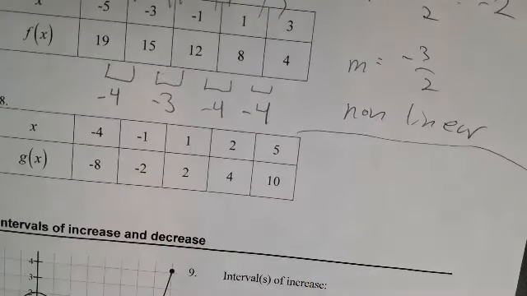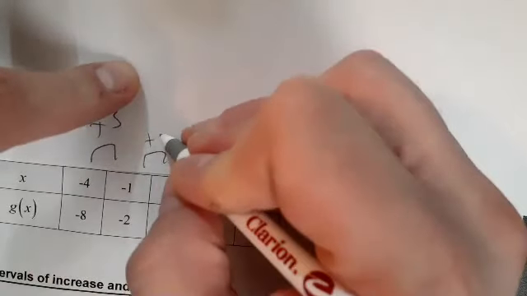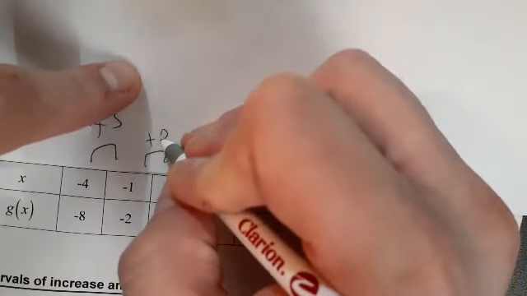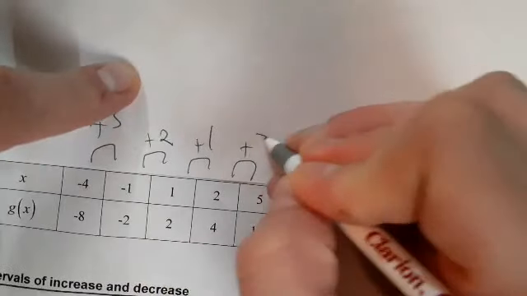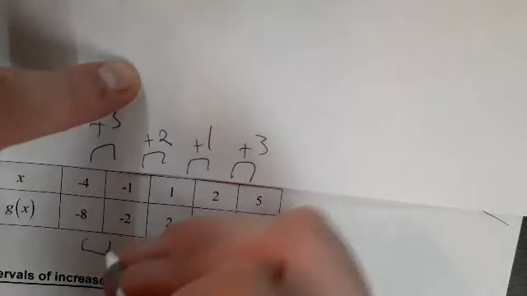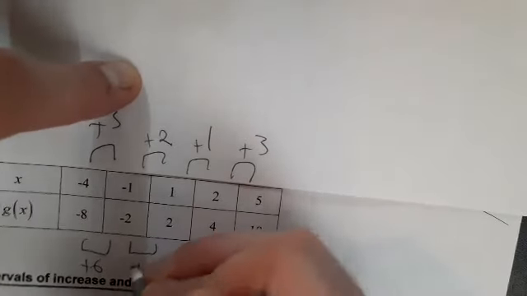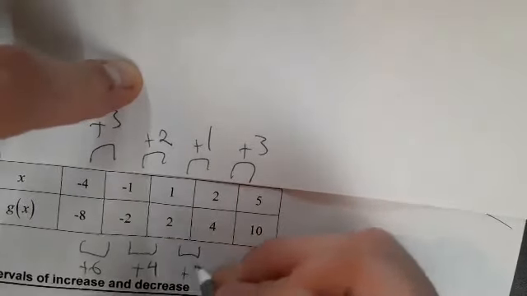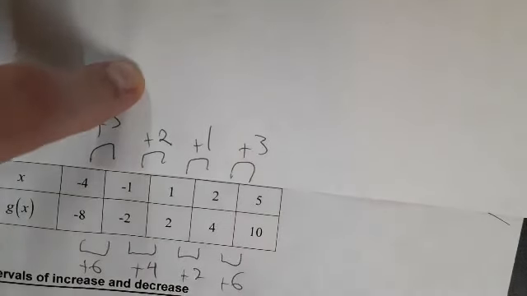On the other hand, I've written stuff all over that, so let me grab another sheet of paper. We want to look at consecutive points here. Up 3, up 2, up 1; up 6, up 4, up 2, up 6.